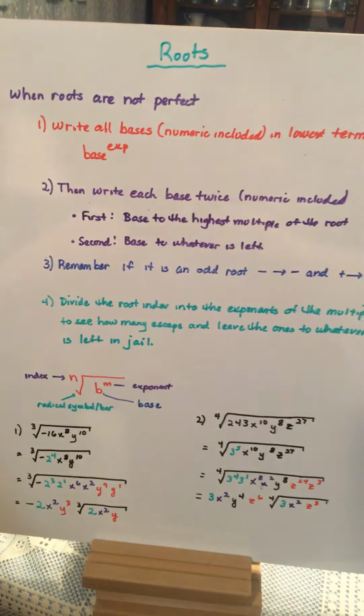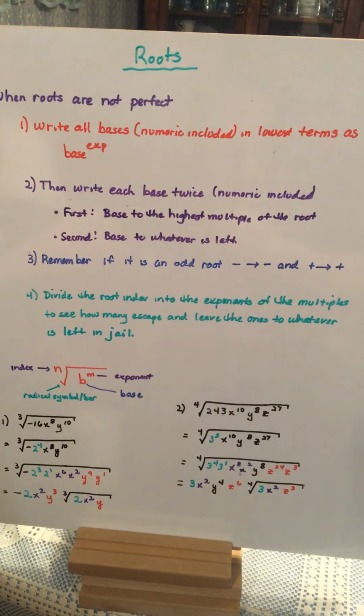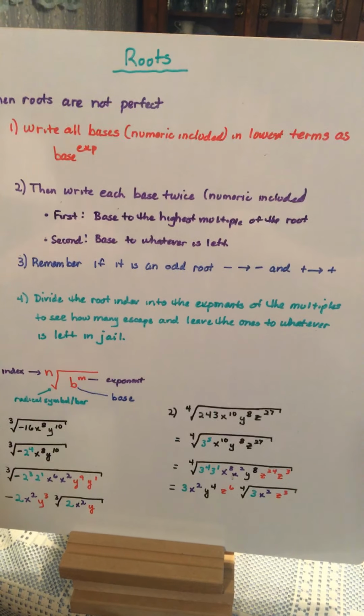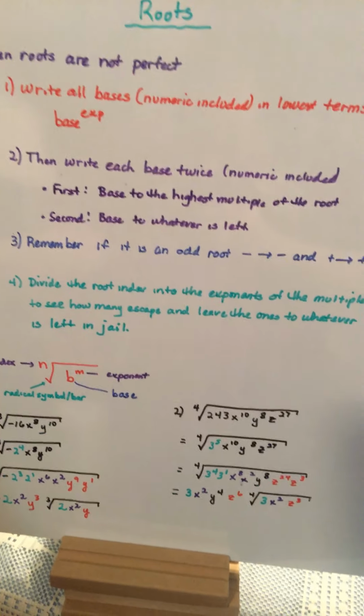Moving on, we will continue. We're now going to move into roots, and we're going to discuss those. So roots. When roots are not perfect, what do I want you to do? I want all the bases, including the numeric ones, written in the lowest terms in base-exponent form.